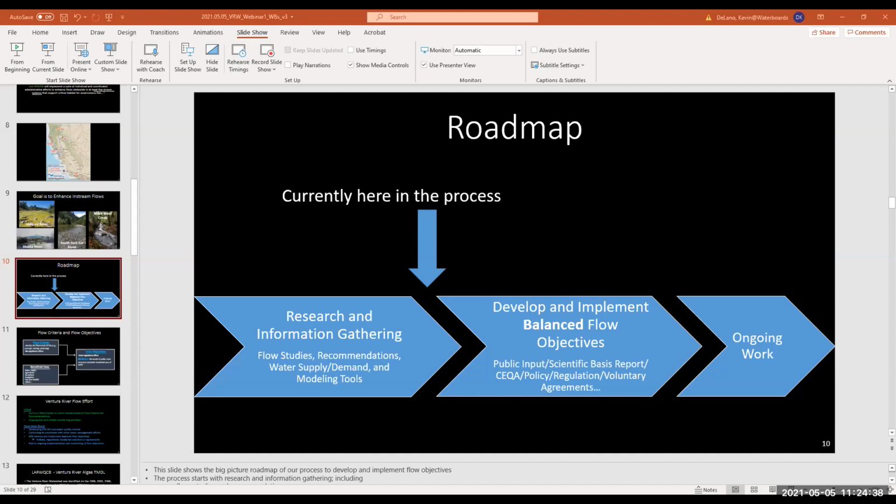As part of that process, again, we would have public input opportunities. We would document the results of our scenario evaluations in CEQA documents and in staff reports. And so that is a potential scenario that we would look at as we move into our next phase to develop balanced flow objectives.